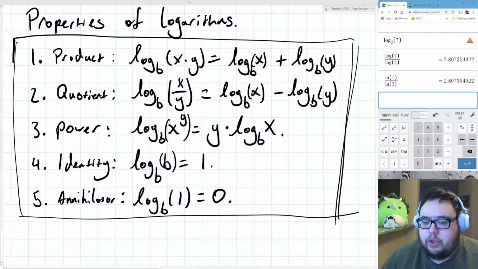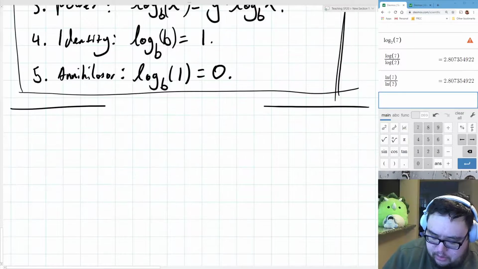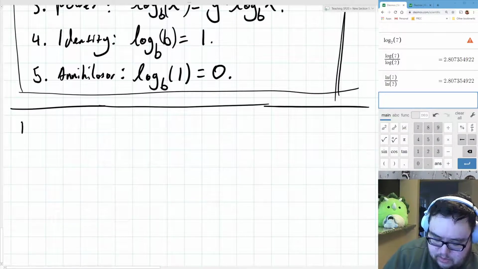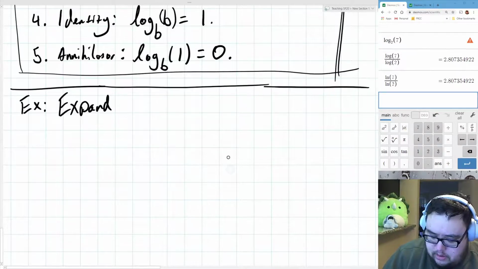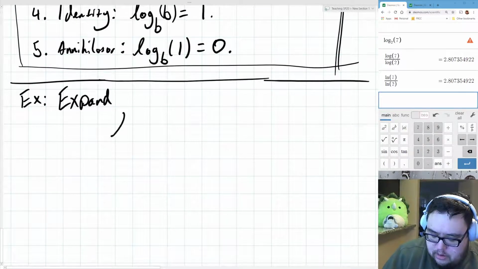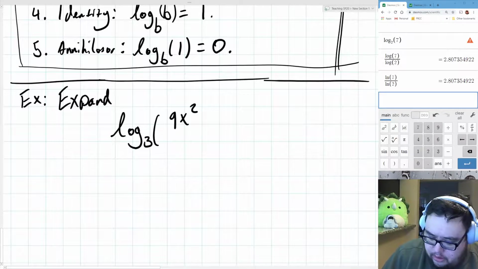So how can we use these properties? Well, we can use them to expand and condense logarithmic expressions. So for example, let's expand log base 3 of 9x squared over z squared y to the 4th.